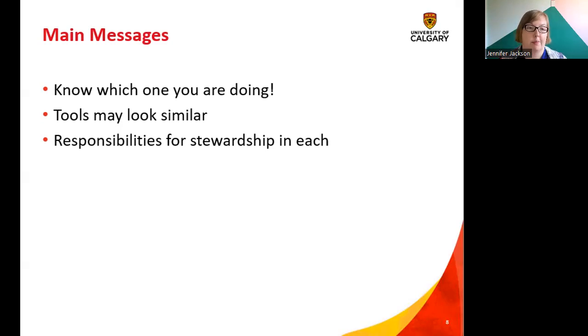So if you are the person who's going through the charts or administering surveys with patients or whatever it might be, you need to make sure you know which one of these things you are doing, because then you also know what the aims are and what the burden of responsibility for you is, or what the responsibilities of stewardship are.